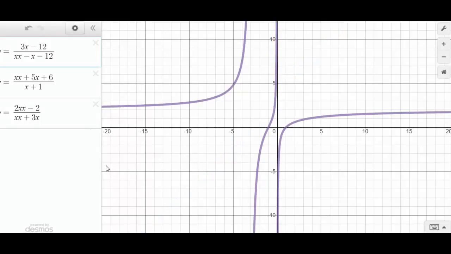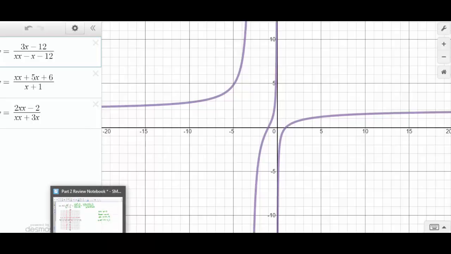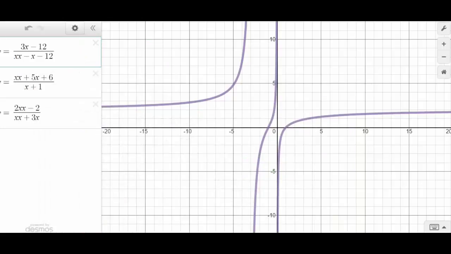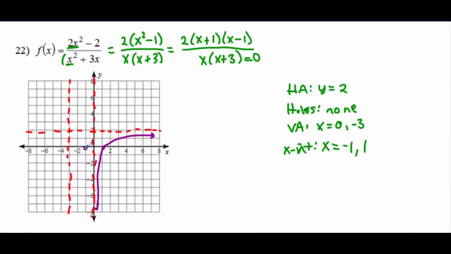And so this is a pretty weird looking graph, if I'm being perfectly honest, but if you're looking at this and your table of values to find some points, and then coming back here and trying to draw it, it goes closer to this asymptote and then goes this way, and then it's going up towards this one and down towards this one, and then it's up here.